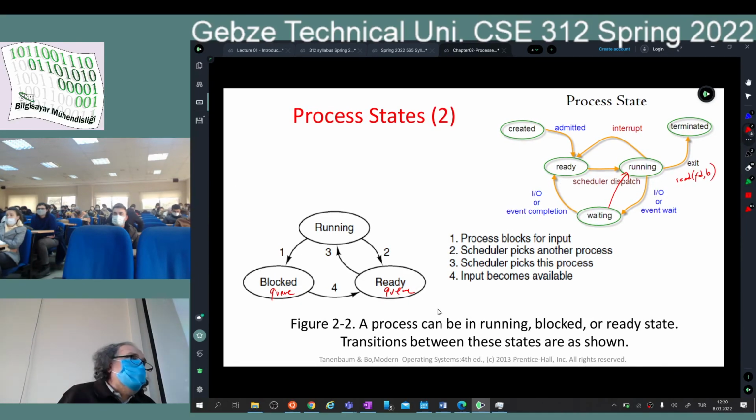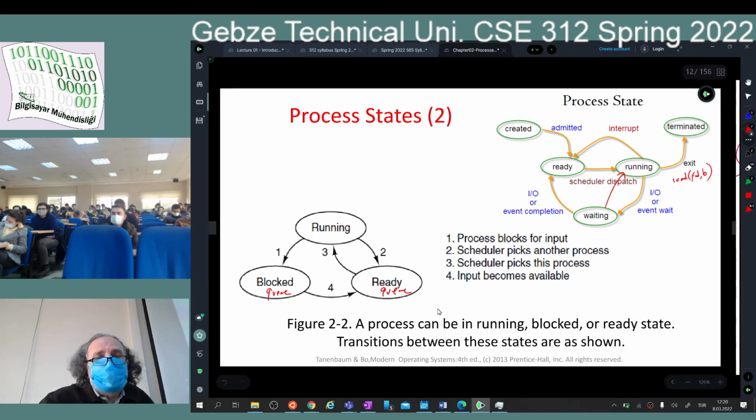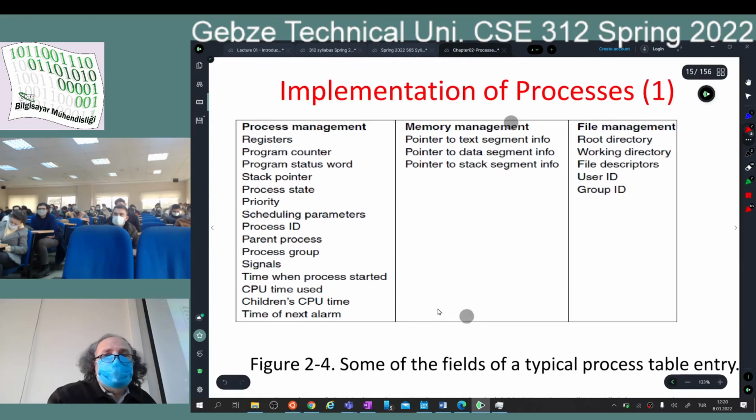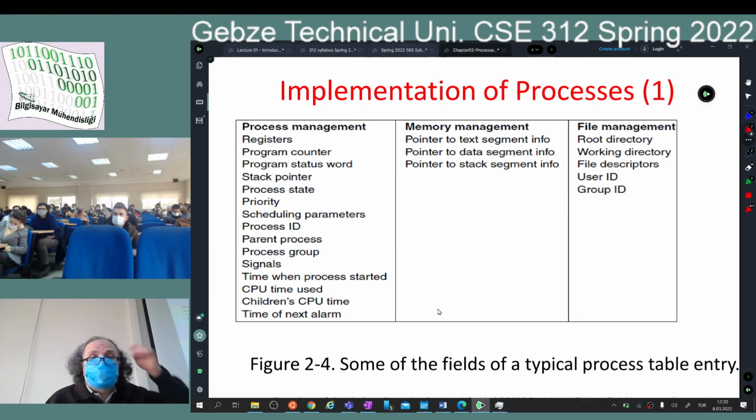And I need to have a way of keeping my data while I am in block mode and while I'm in ready mode if I am not using the CPU. When I am using the CPU, my registers are already CPU registers, right? Whatever the CPU holds, those are my values. But if I am not running or if I am blocked, then I need a way of keeping that data, and I keep them in my entry of the process table.